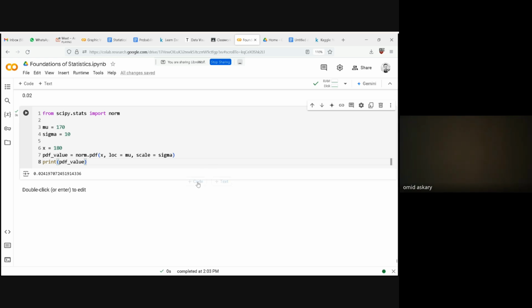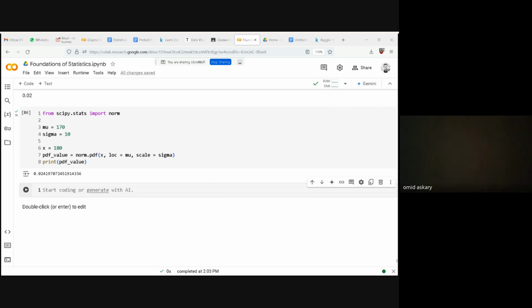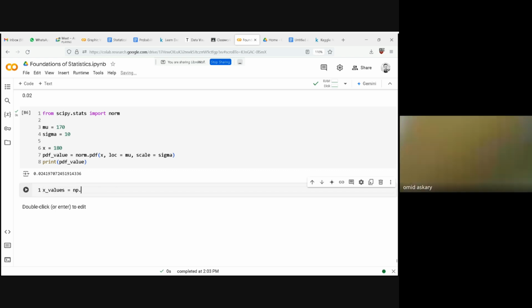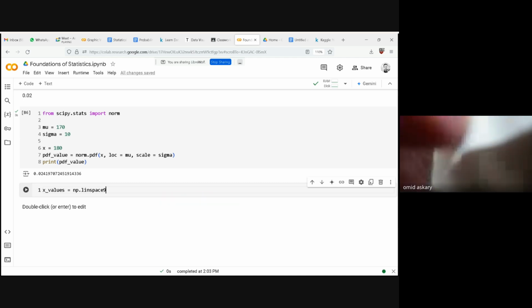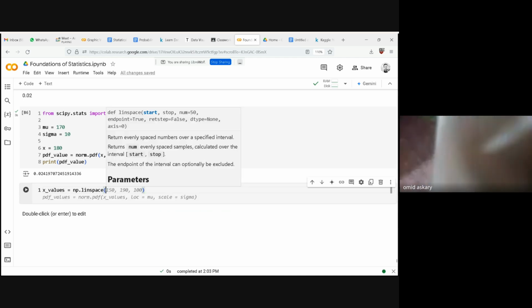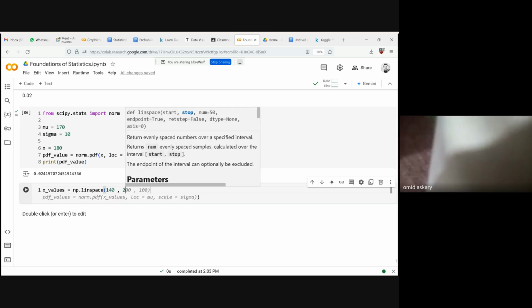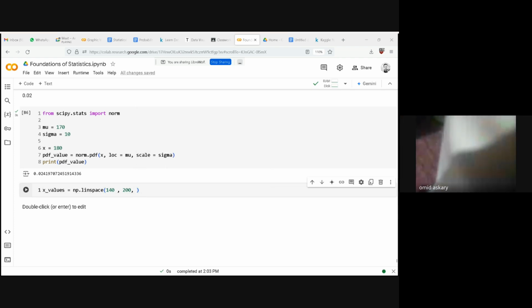In order to understand it properly, let's do something else as well. Let's visualize the Gaussian distribution. Assume that we have x values, and we want to generate them with linspace, for example from 140 to 200.